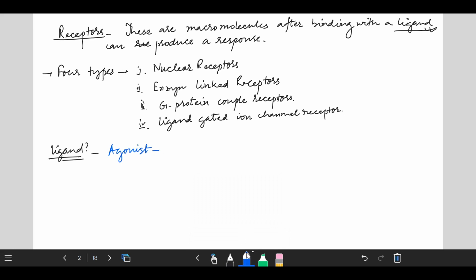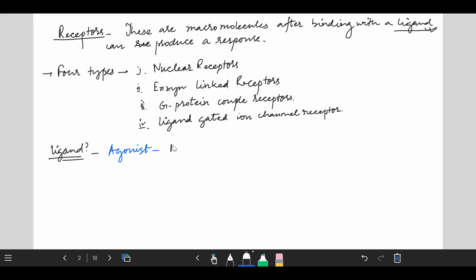Now, what is agonist? These are the kind of drugs that are capable of binding to a receptor, can activate the receptor and can produce a therapeutic response. Okay.